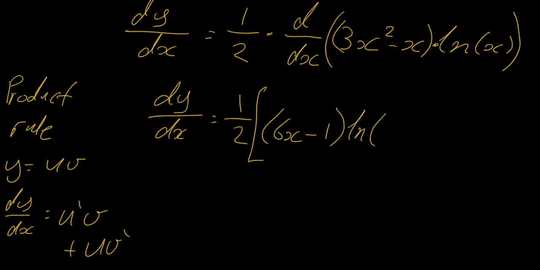We're going to leave the second term alone, plus, we've got to do it in the next line, plus 3x squared minus x. So in this case over here, we're just leaving this term and we're going to take the derivative of ln x. Then that would be 1 on x.